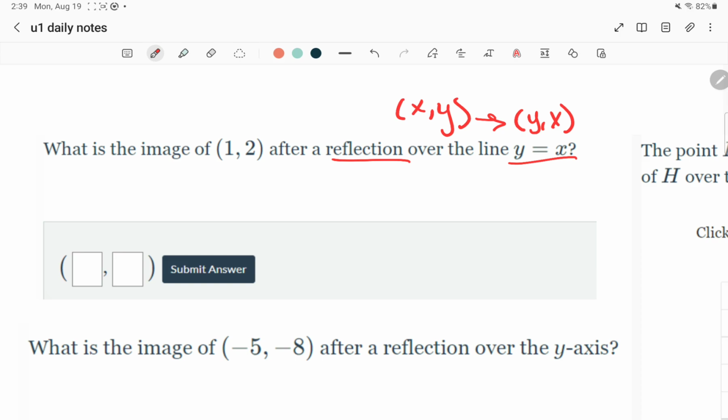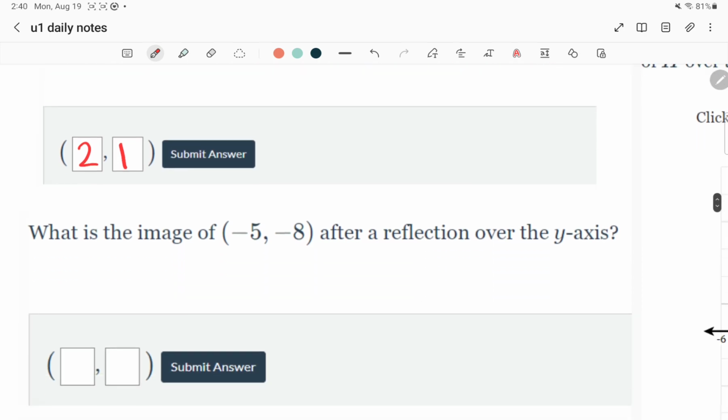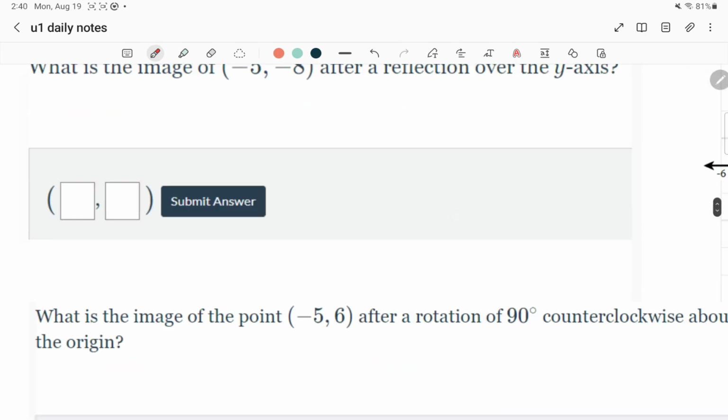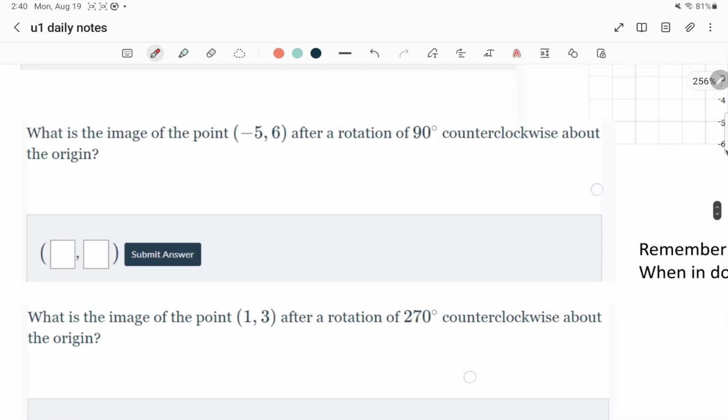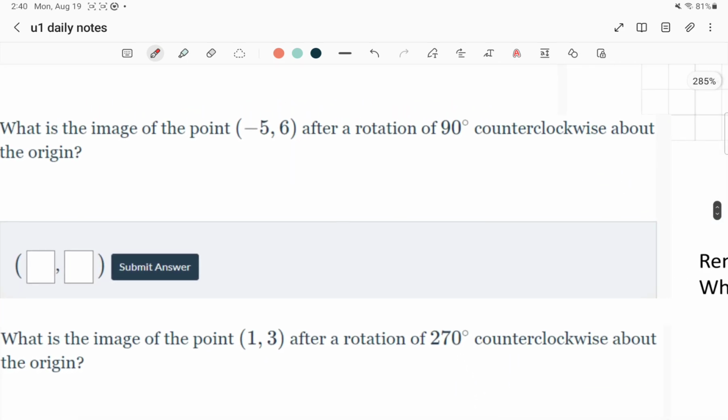So I'm just switching the numbers. Okay, I switched the letters, I switched the numbers. (1, 2) becomes (2, 1). Okay, just like that. So I'm just using the rules. I don't think any rule is harder than another. It's just a matter of knowing what you're being asked for.